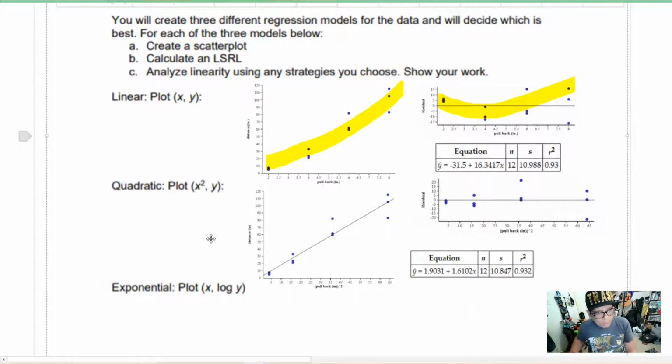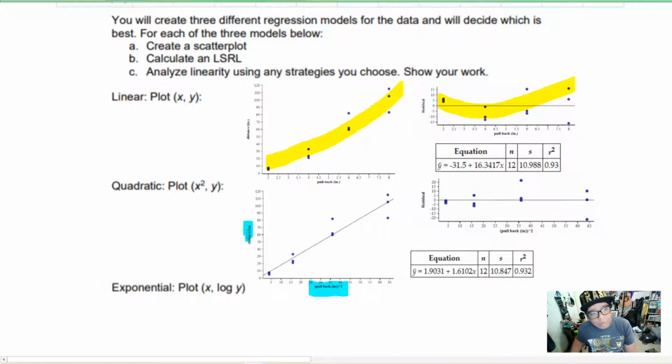So in the quadratic plot, again, just to re-emphasize what's happening here, we're squaring the explanatory variable, and we're leaving the response variable alone. Now, I have the least squares regression line shown here, and yeah, this looks pretty good. And if I look at the residuals, well, is that a curved pattern?